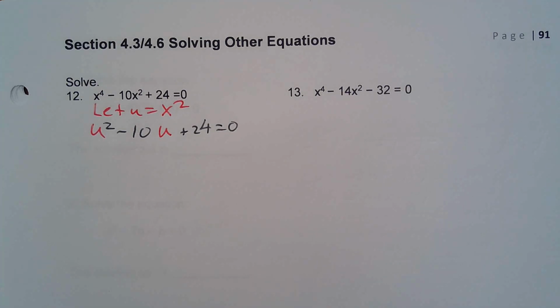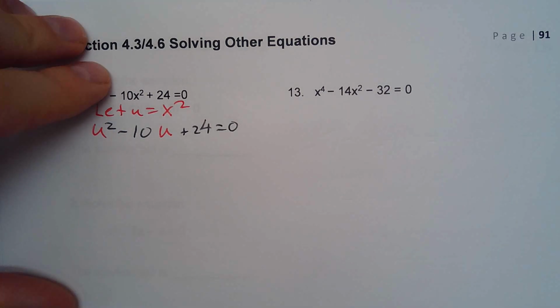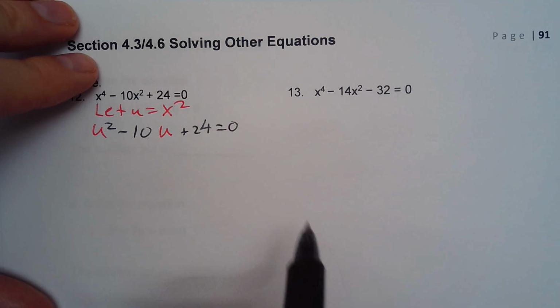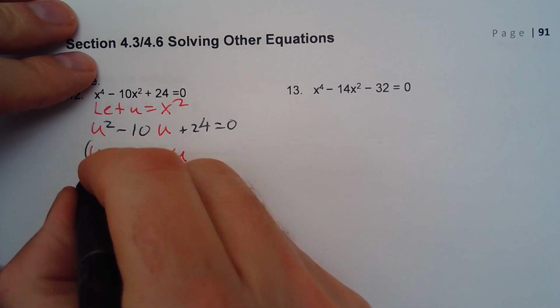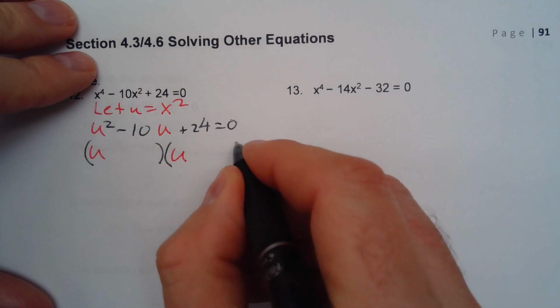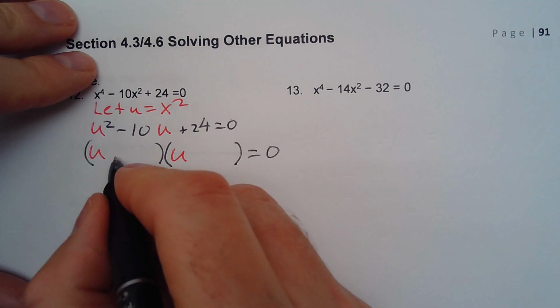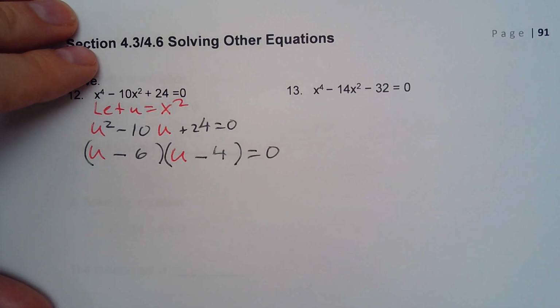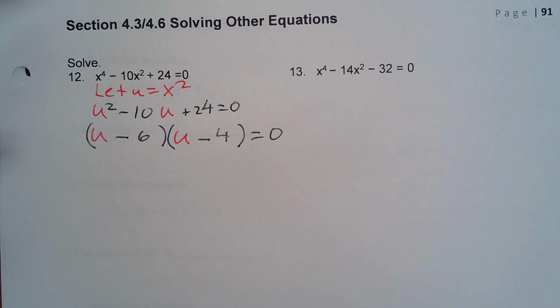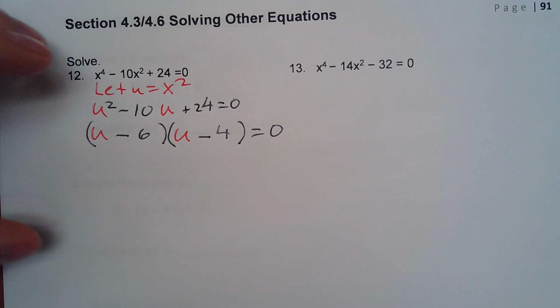We're looking for factors of 24 that add up to negative 10. So negative 6 and negative 4 would be the ones we want. So that's going to factor u minus 6 and u minus 4. We're going to set each of those equal to 0 and solve.